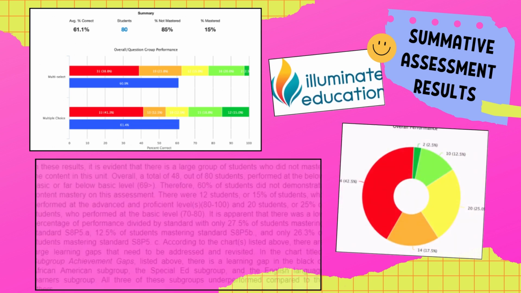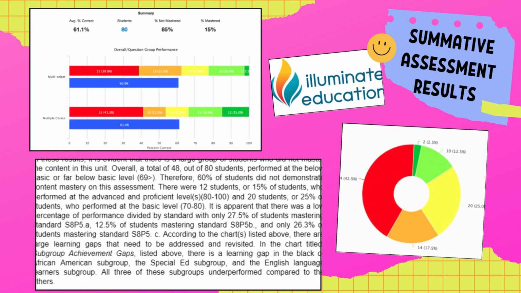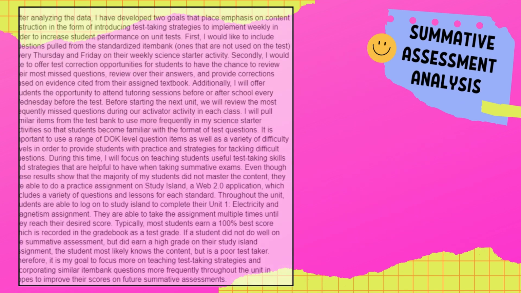According to the charts listed here and in my summative assessment analysis, there are large learning gaps that need to be addressed and revisited. In the chart titled Subgroup Achievement Gaps, listed above, there is a learning gap in the Black or African American subgroup, the Special Ed subgroup, and the English language learners subgroup. All 3 of these subgroups underperformed compared to the others.